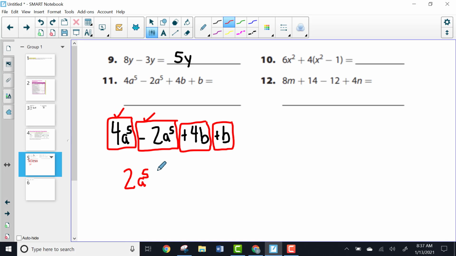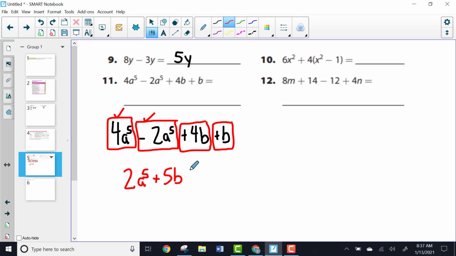I've used those. Now I have positive 4b and b. Understand, whenever there's a variable all by itself, it's understood that there's a 1 in front of it. If I'm combining these two terms, same variable, not raised to any power, 4b plus b is going to give me 5b.